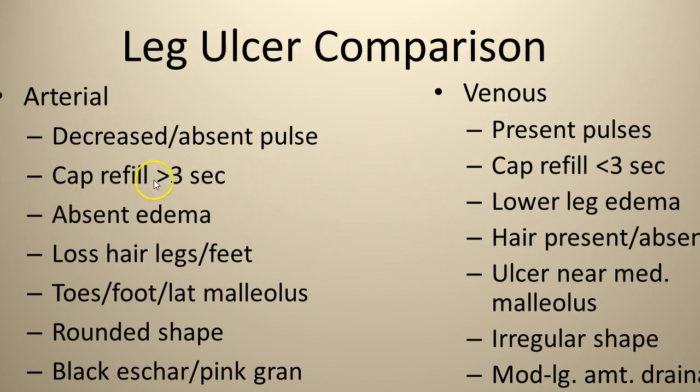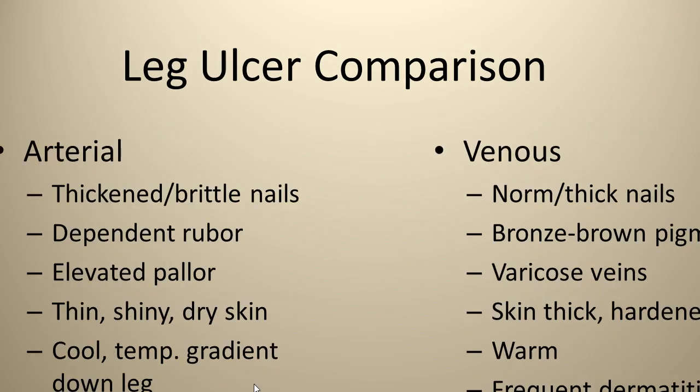Capillary refill may be delayed, beyond 3 seconds. Edema is absent. There is loss of hair on the legs and the feet. The ulcers are rounded in shape, and you see them more on the toes, the foot, or the lateral malleolus. They become very black, with eschar.